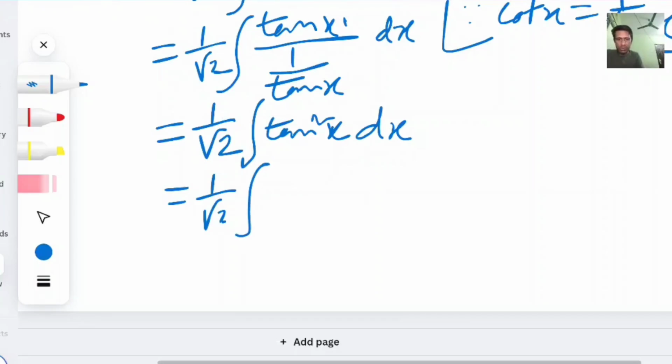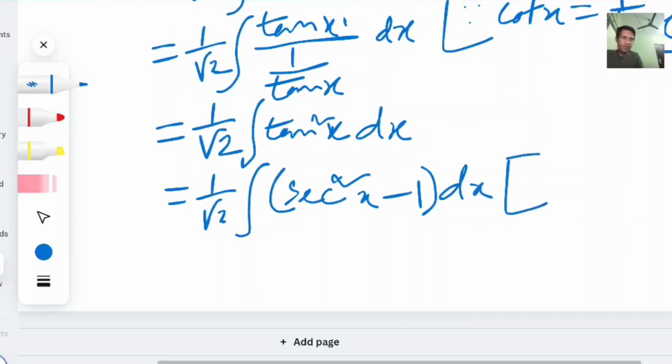Again we know that tan square x equals sec square x minus 1. Again I am noting here, since tan square x equals sec square x minus 1.